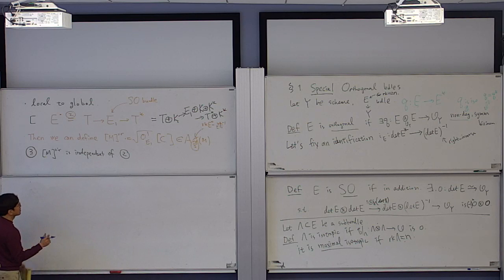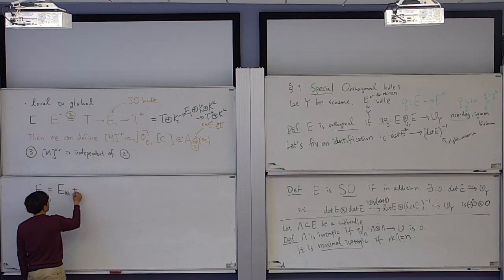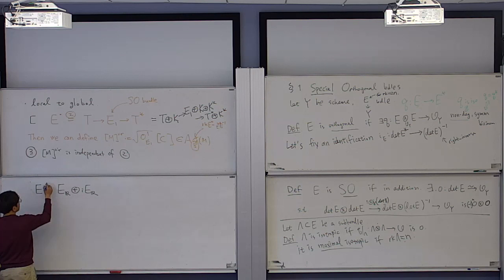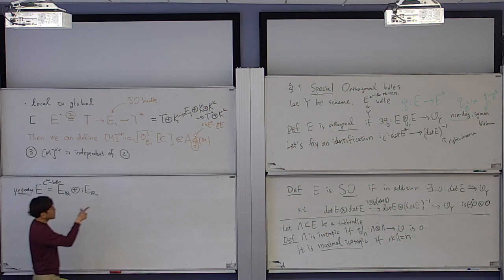And yesterday, Chart explained to us that from E we have this real bundle E_R, whose direct sum is equal to the bundle E as an oriented symplectic bundle.